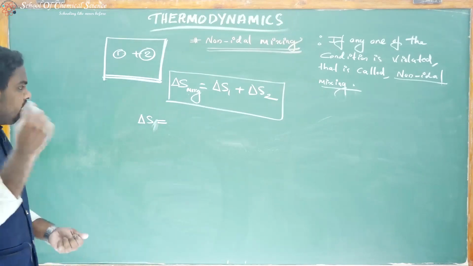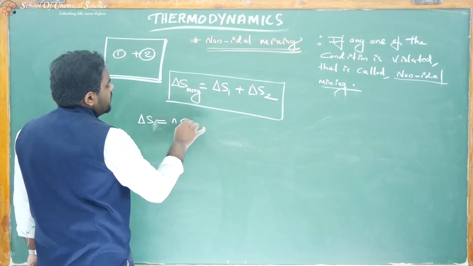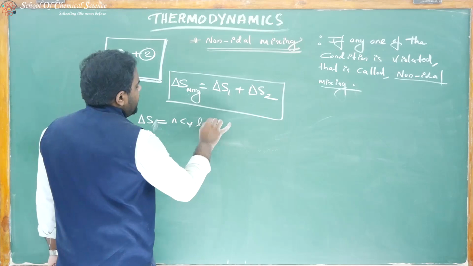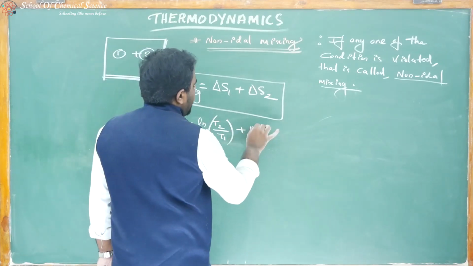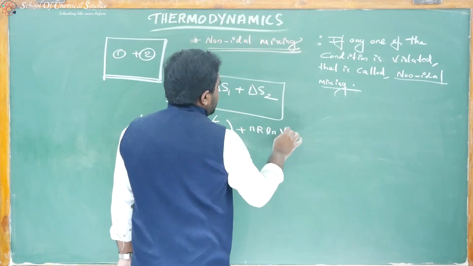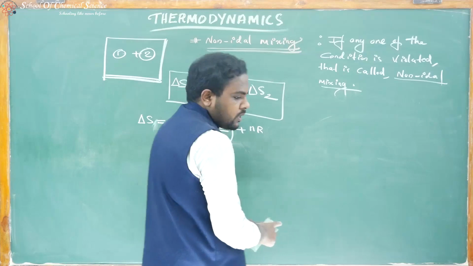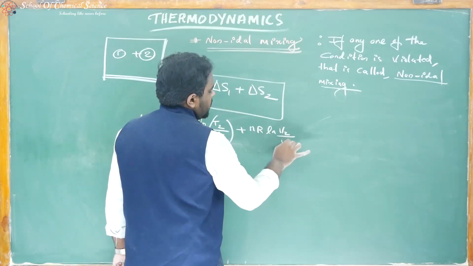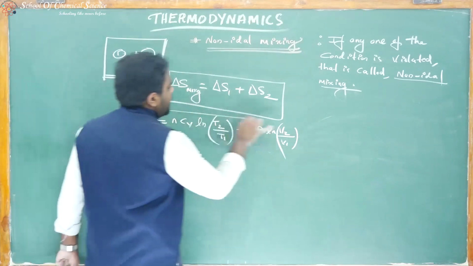That equation you already studied, the basic equation. Do you remember this equation? Delta S is equal to NCV ln T2 by T1 plus NR ln V2 by V1. This is the equation for delta S in terms of temperature and volume.